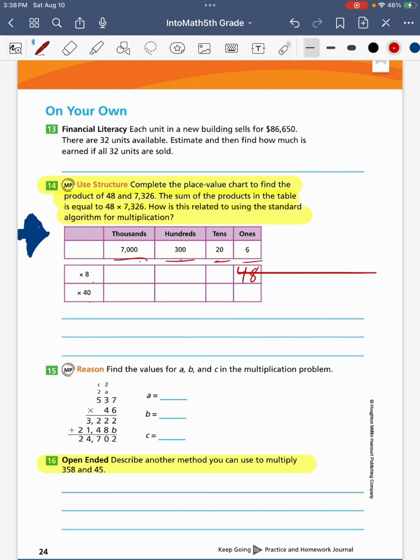It is actually 48. 8 times 20 gives me 160. 8 times 300 gives me 2,400. 8 times 7,000 is 56,000. So if I add this all up, it's 56,000, 2,400, 160, and 48.